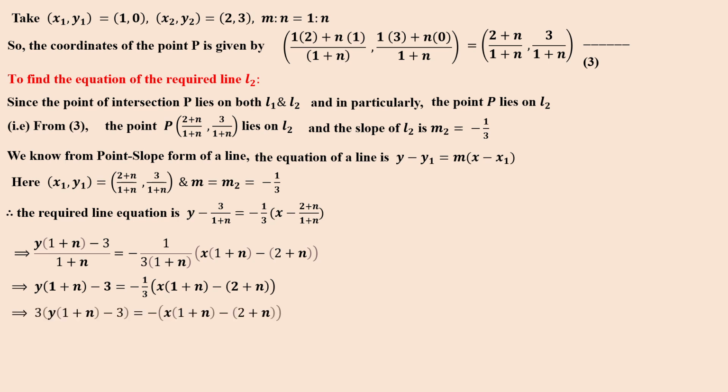Now cross multiplying, the denominator 3 goes to the left hand side, so you will get 3 times (y times (1 plus n) minus 3) equals minus (x times (1 plus n) minus (2 plus n)).